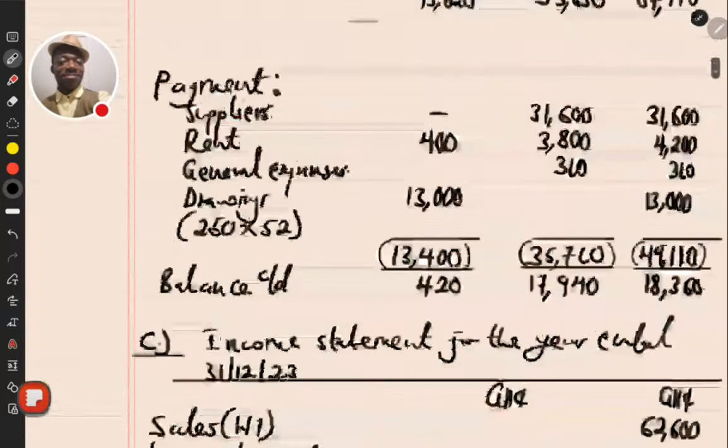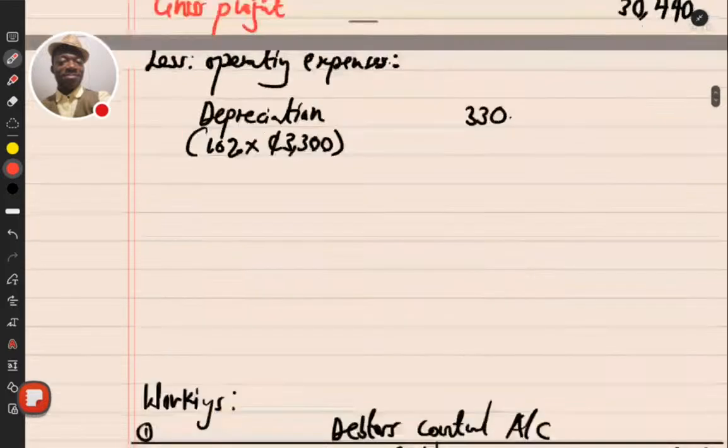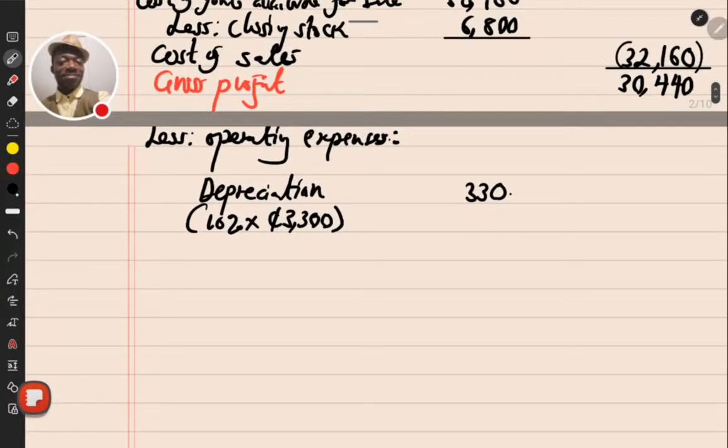If you remember when we were preparing the cash book, we met the following expense items. We had rent, general expenses. Drawings is not an expense, so we don't bring that into the income statement. Though it's an expense, but in a different form, it doesn't happen in the income statement. So we have rent and general expenses. We can present that also up there.